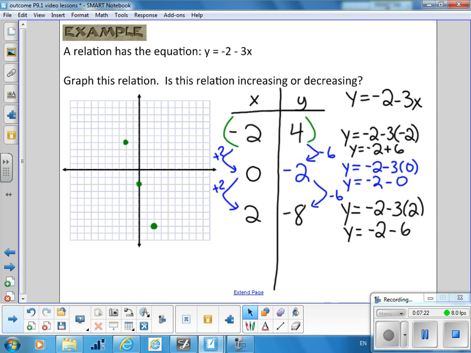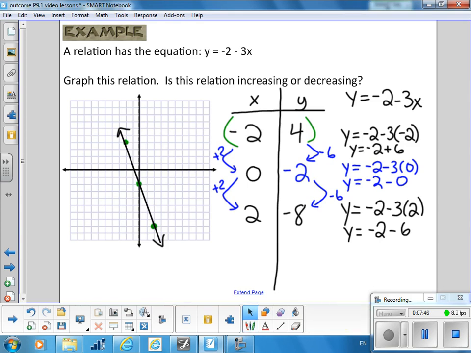And now because it was an equation of a line, we do need to join these and extend, because we just happen to pick -2, 0, and +2, but it will continue that pattern in both directions. So we have graphed this equation.